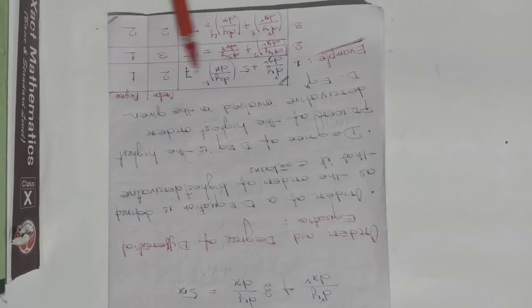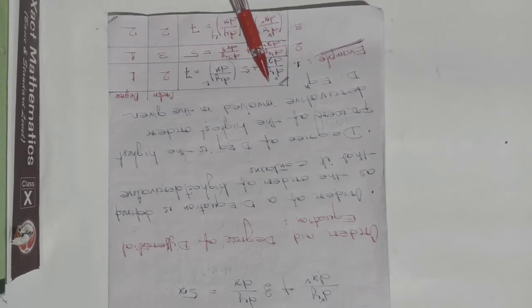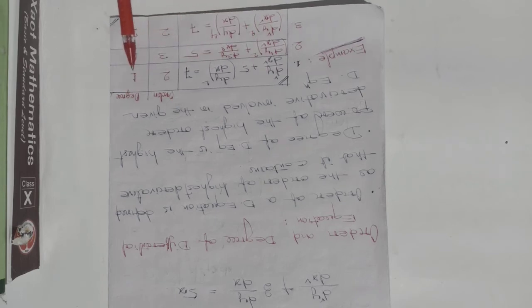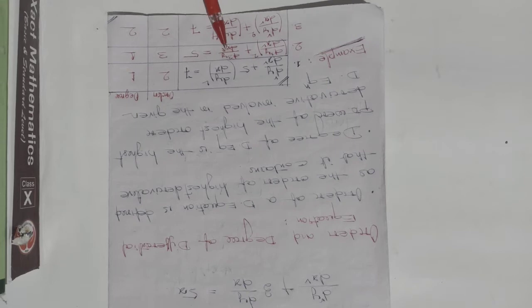Number 1, d2y by dx2 plus 5 dy by dx whole square equal to 7. Here the highest order derivative is 2. Second order derivative is highest here, so its order is 2 and its power will be 1, so degree is 1. Second one, the highest order derivative is 3 here.